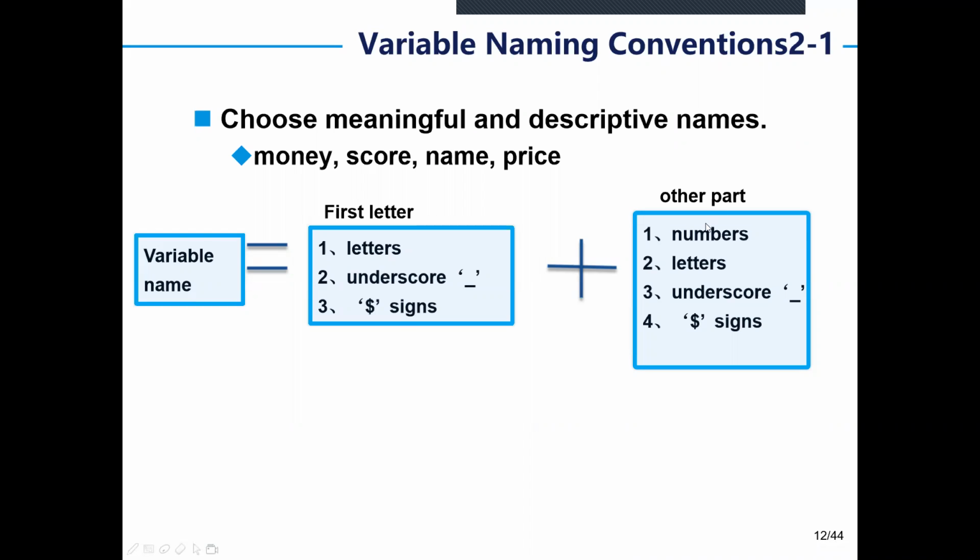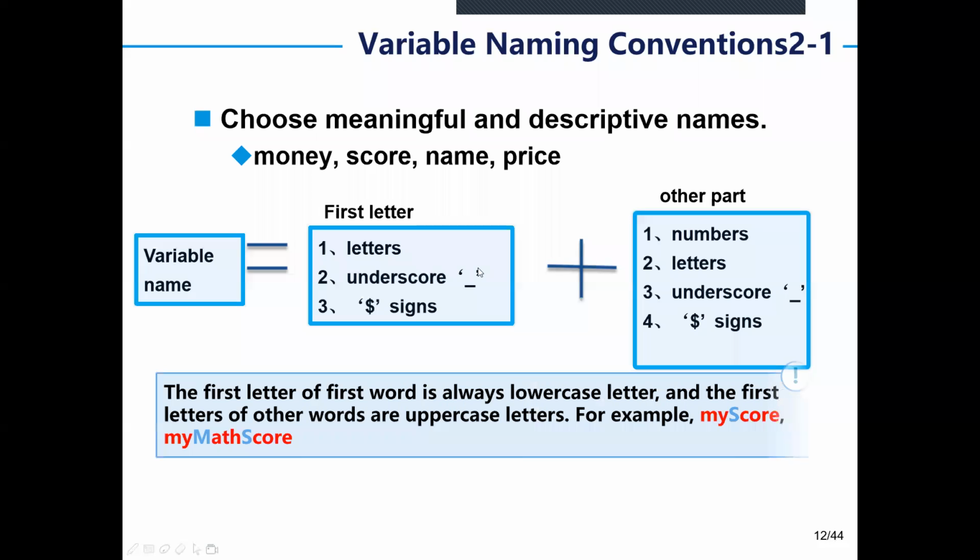The other part can be numbers, letters, underscore, and dollar sign. This rule means that we couldn't name a variable starting with numbers.